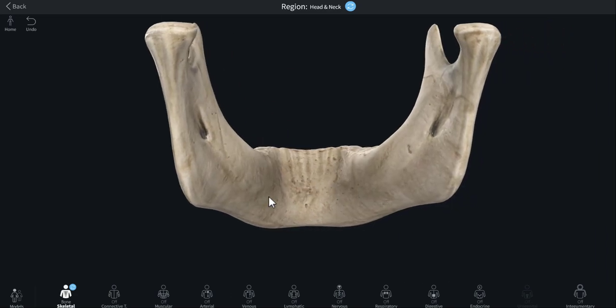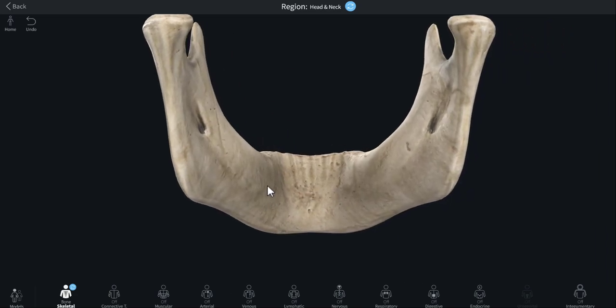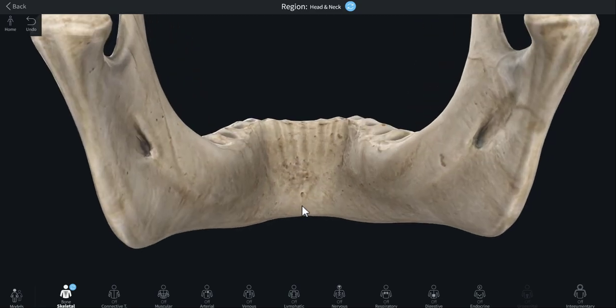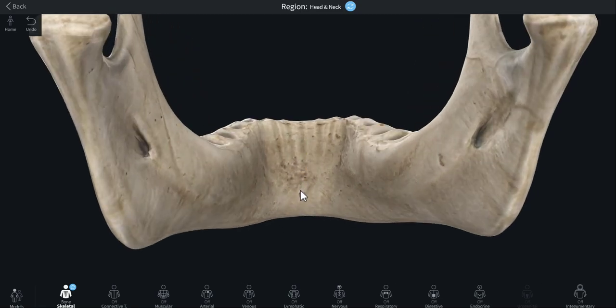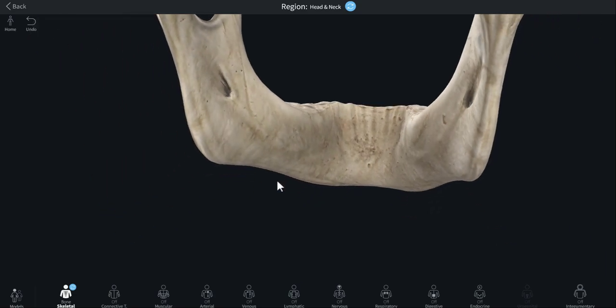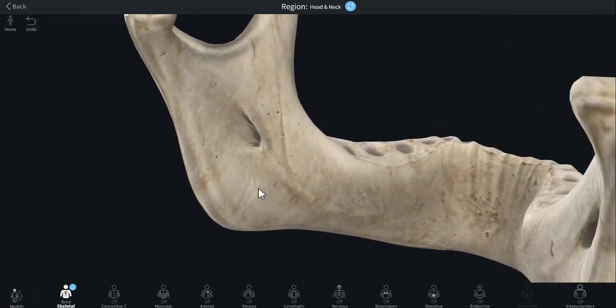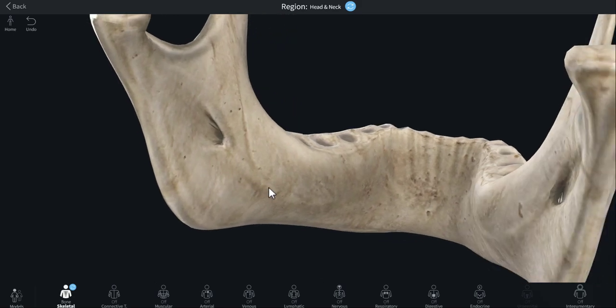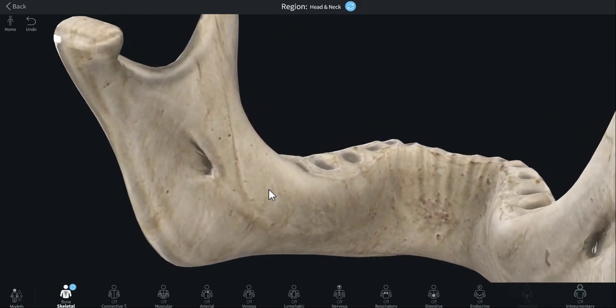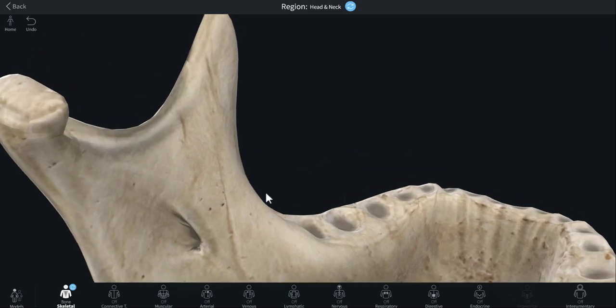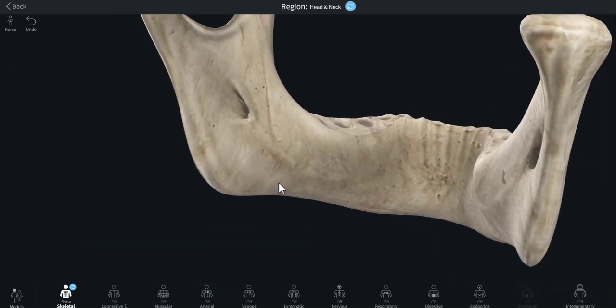Now this is running from the lower part of the symphysis menti, somewhere here. Now this oblique line is again not very clearly demarcated here, but we will have to assume that it is there. All right.